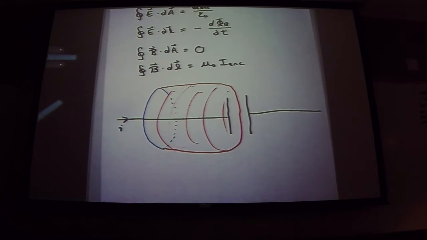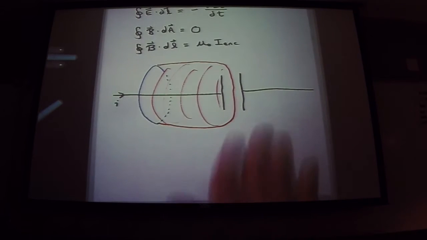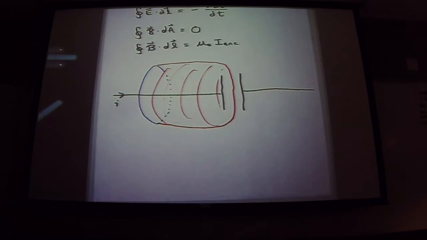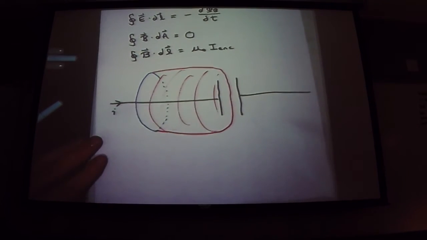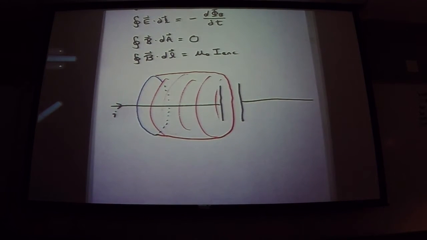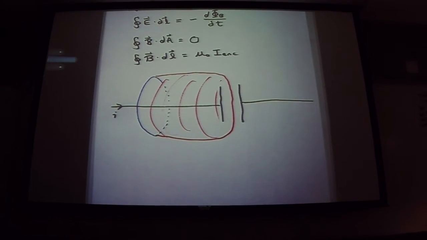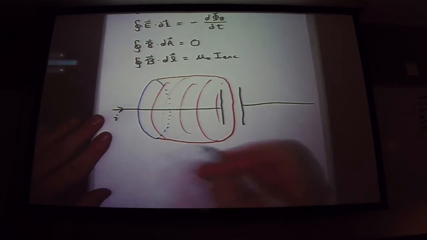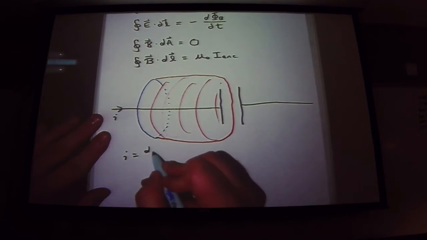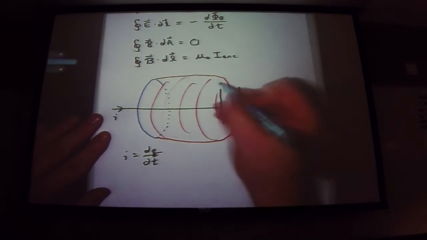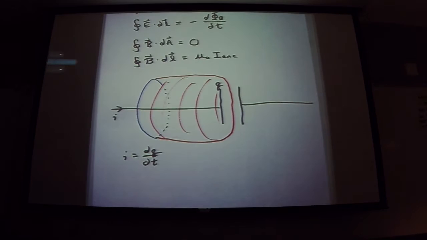This must be fixed. And so what we do is we define something called displacement current. What is going on inside of here is that the charge is changing, because the current is equal to dq/dt. So the charge on my capacitor is changing.